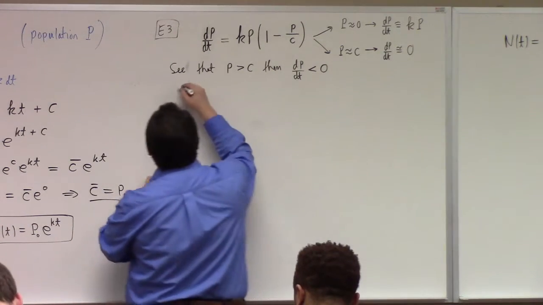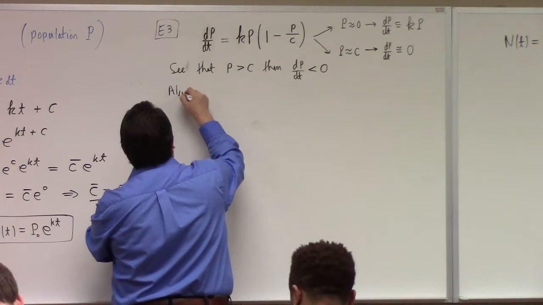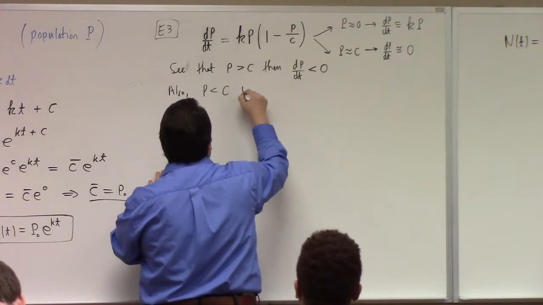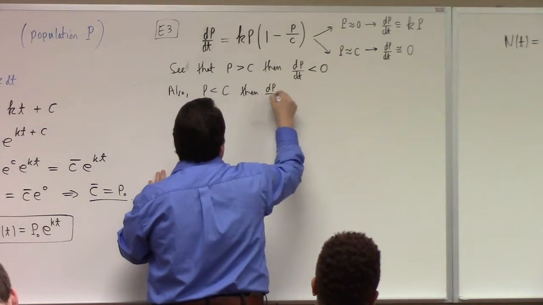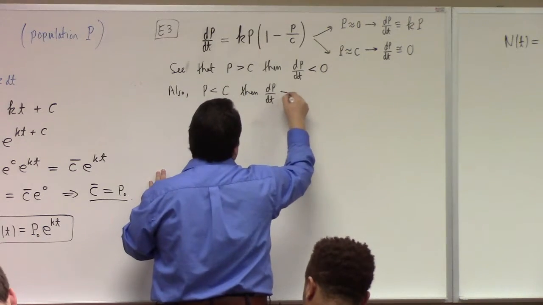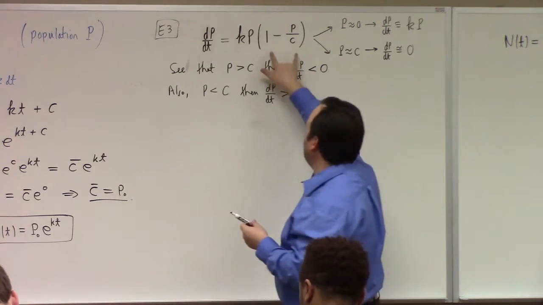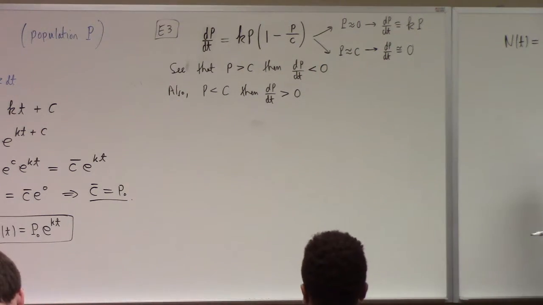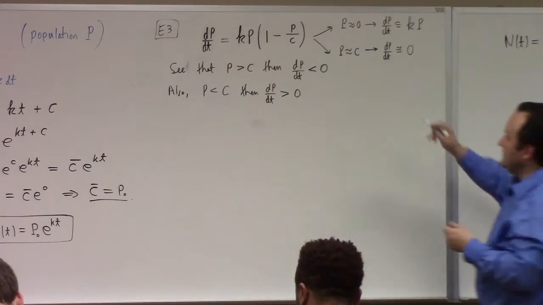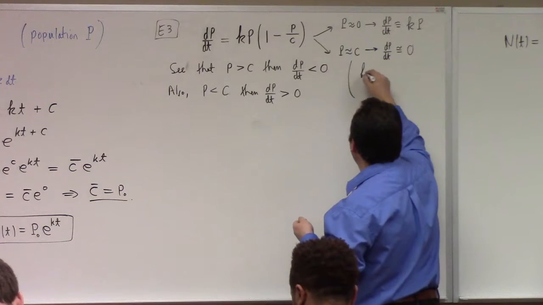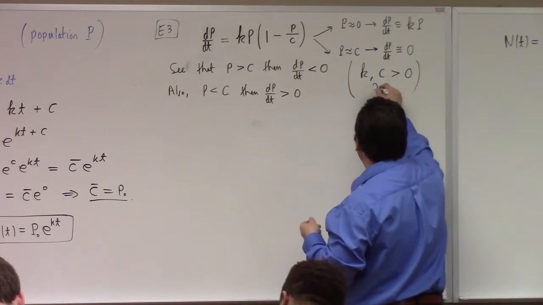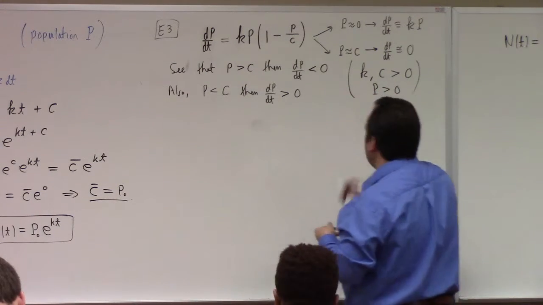On the other hand, if the population is less than the carrying capacity, then dp/dt is greater than 0, because we're taking 1 minus something positive. Understand that k is assumed to be positive here. k and c are both positive in my model. P, of course, is also, for physical reasons, positive.